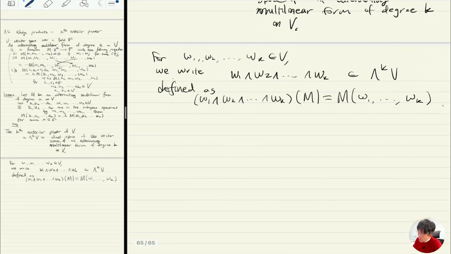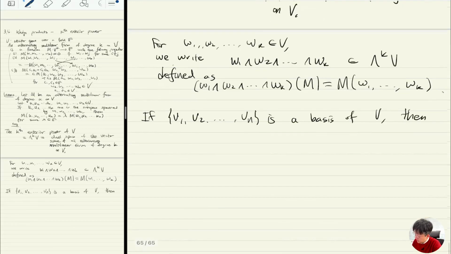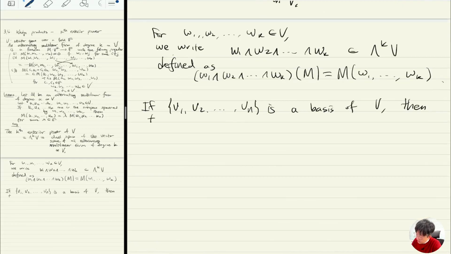Now, because it's multilinear, if v1, v2, ..., vn is a basis of V, then the value of M of w1, w2, ..., wk is determined.